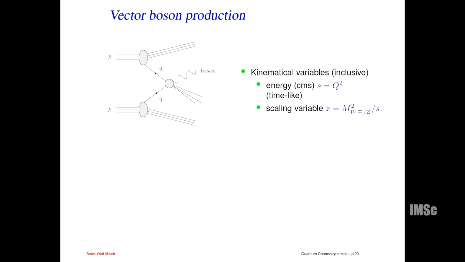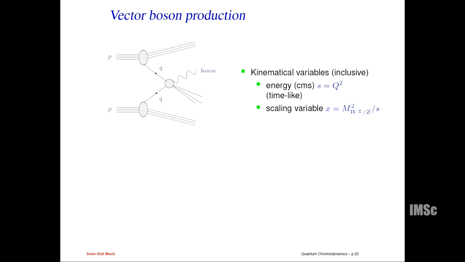Let's look at the Drell-Yan process briefly. This is the other basic QCD process, and it really applies to, say, the LHC. We have two incoming protons, quark-antiquark annihilation, and a boson, say a Z boson, which decays into mu plus minus or e plus minus, which can be measured.